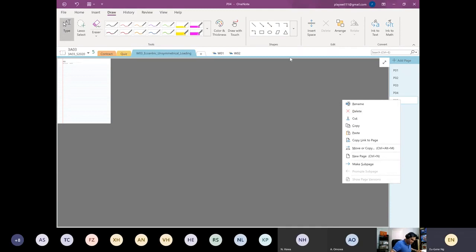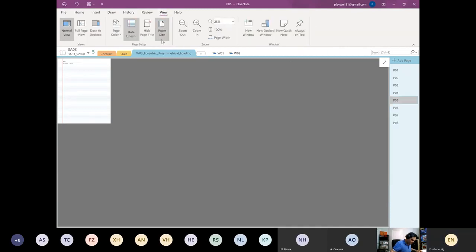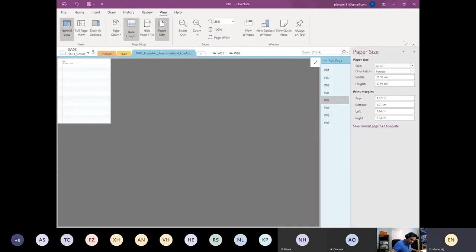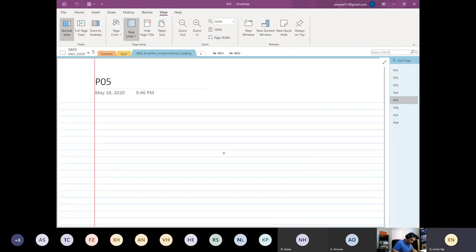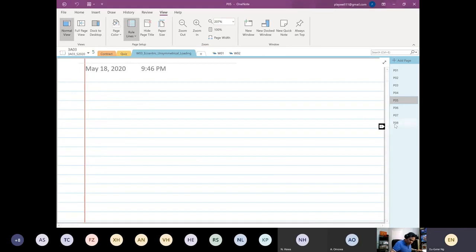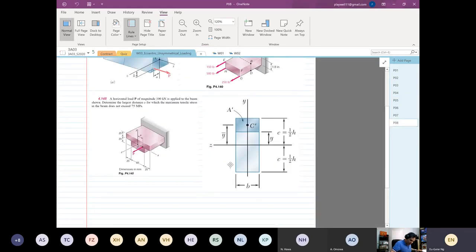Then we are going to... so I'm going to copy. Okay, so we're going to look into this diagram still.